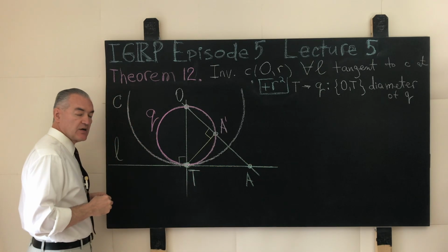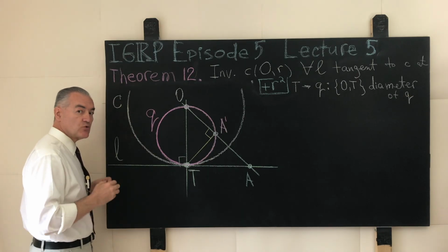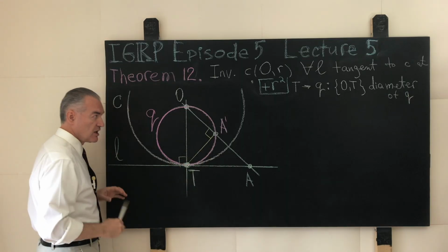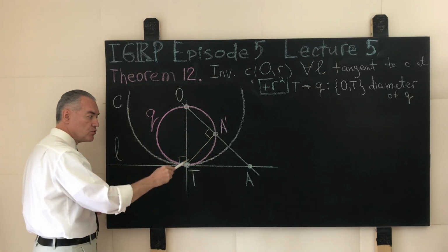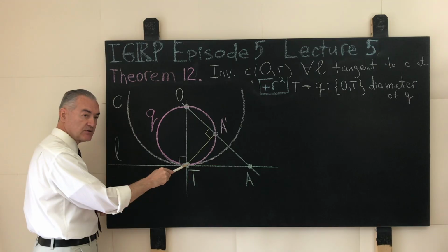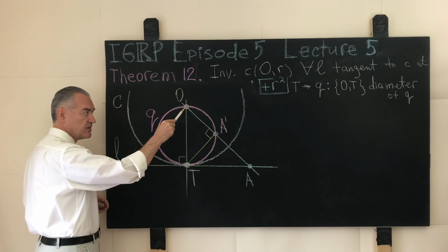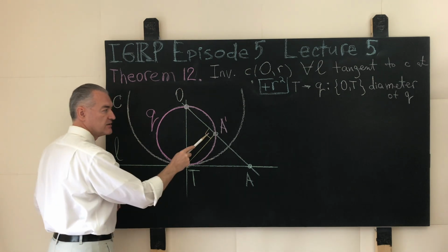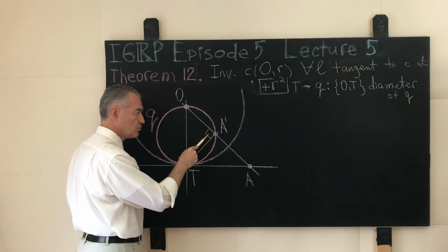That orbit must be comprised of such points that from each such point, given all the other fixed material, that line segment OT, the fixed line segment that is delineated by the center of inversion and the point of tangency, must be seen under the angle that is right. And what does that mean?